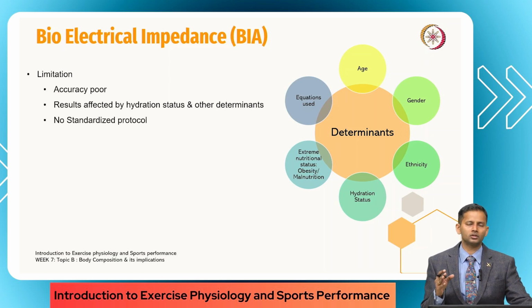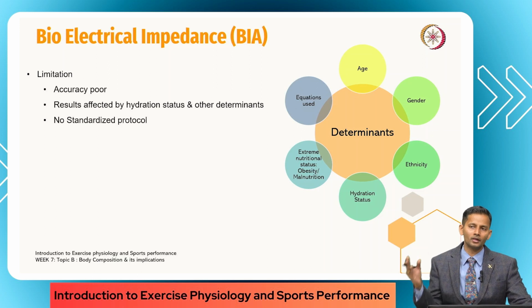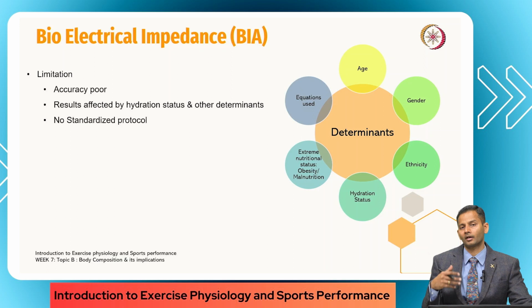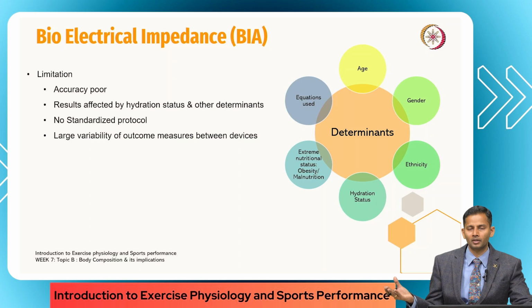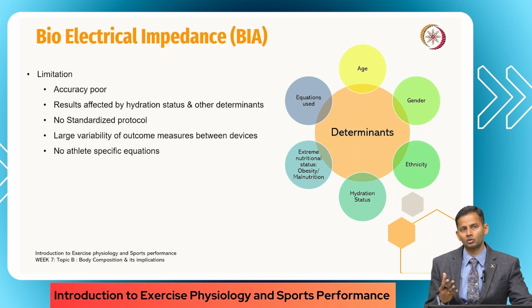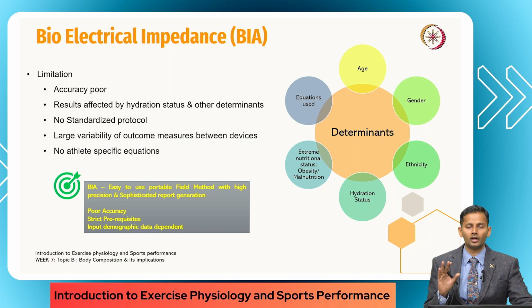And since across the globe there are so many different types of bioelectrical impedance equipment available in the market, there is no proper standardization of the protocol, so it is difficult to compare and have normative values. There is large variability because of these many devices and the equations used, and there are not many athlete specific equations available at present.